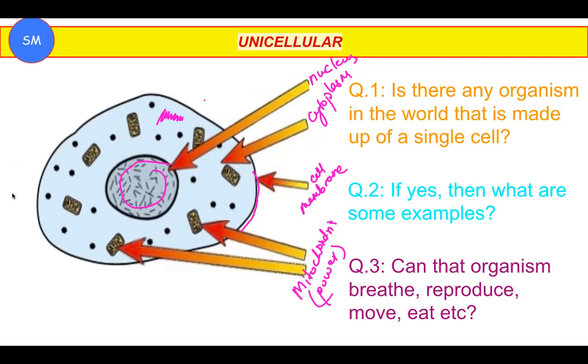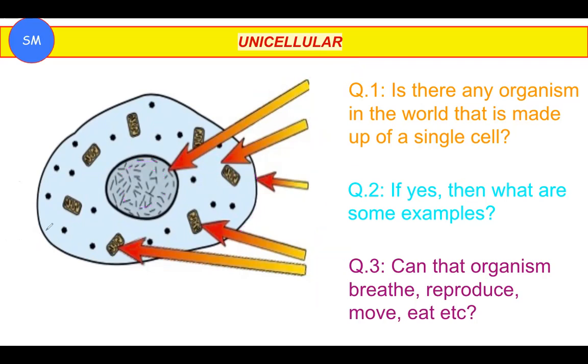This class is about unicellular and multicellular organisms. Before entering into this, we have certain questions in front of us that we need to deal with. The first question: we already know that an organism is composed of cells. When you use a microscope, you find a number of cells of which the organism is composed. So the question is, is there any organism in the world that is made up of a single cell?